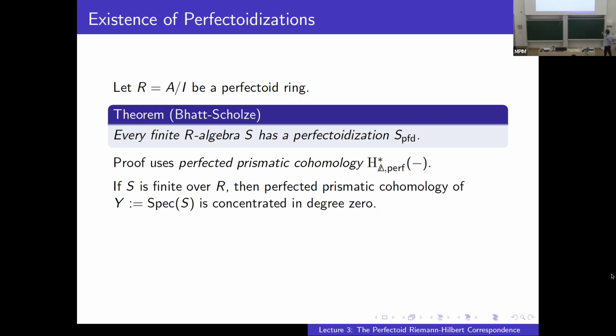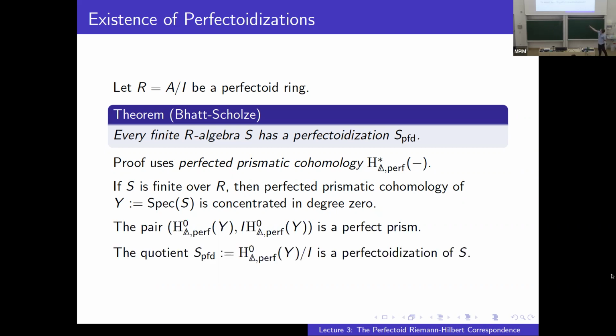It's just some commutative ring. And moreover, if you take that commutative ring together with the ideal generated by I, that's a perfect prism. And so if you reduce that commutative ring modulo I, you get a perfectoid ring. And they showed that perfectoid ring has the universal property. It's the universal example of an S-algebra which is perfectoid.